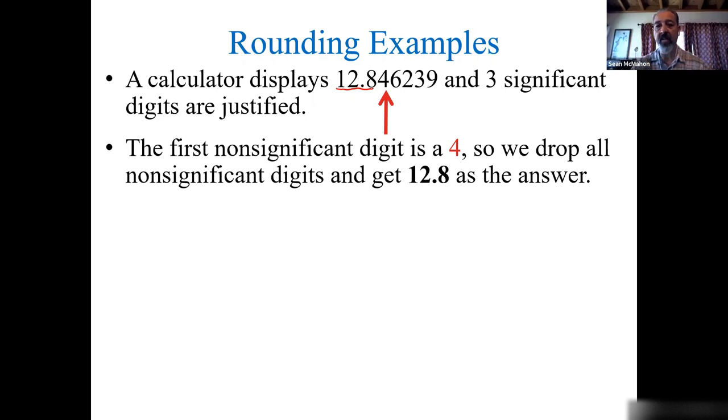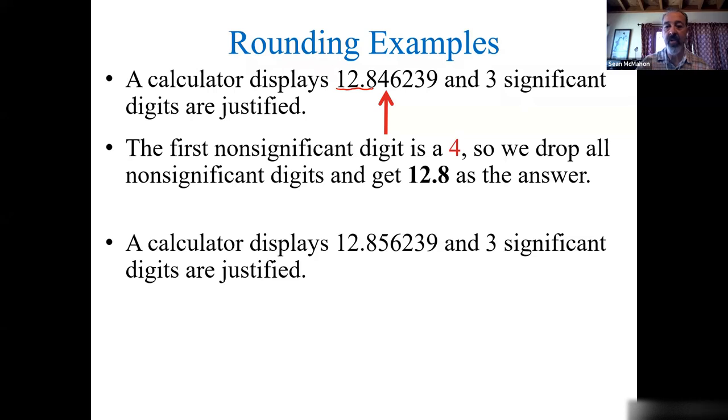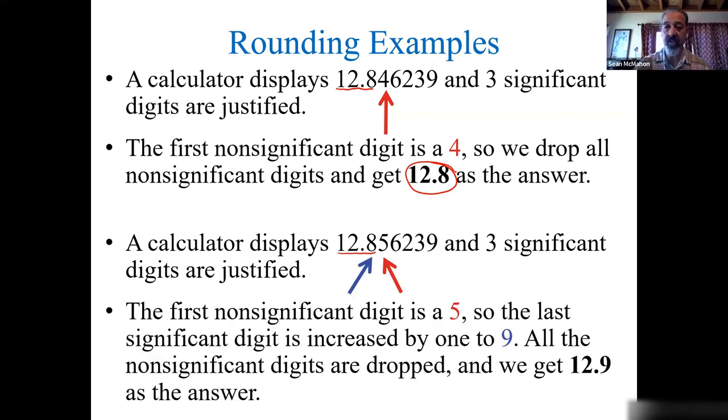Because it's 4 or less, I'm just going to drop everything and I'm left with 12.8. Now, if my calculator displayed this and I want 3 sig figs, I go 1 to the right of where the 3 sig figs are, and now I see a 5. So what am I going to do? When I dropped all this, I just left it because it was 4 or less. When I drop all this, because this is a 5, I need to round up, and that's why I get 12.9.